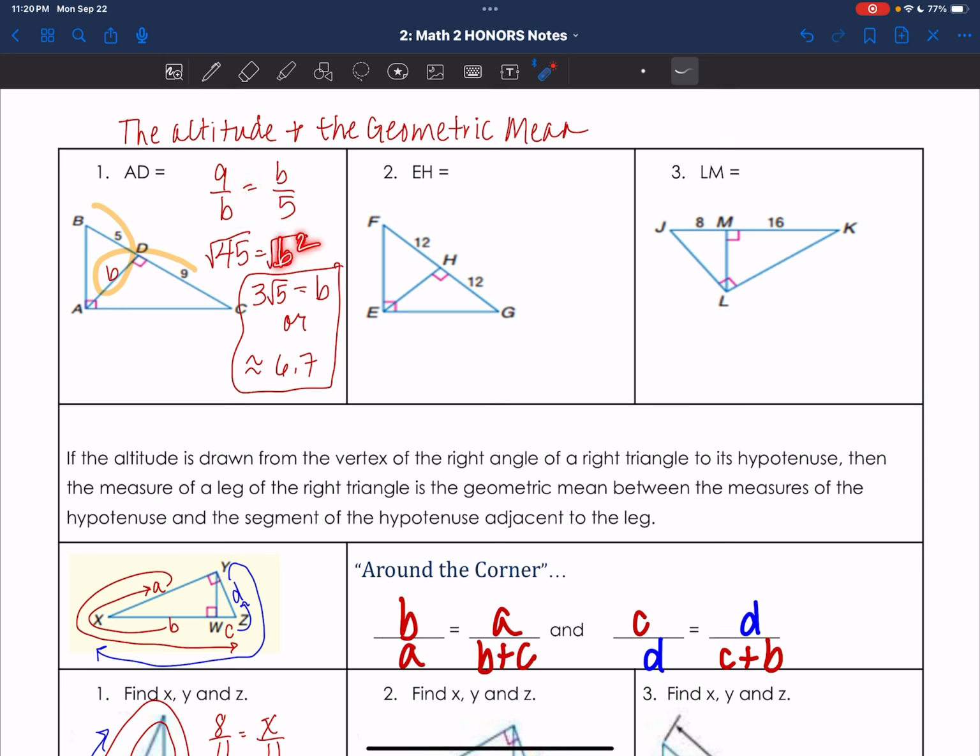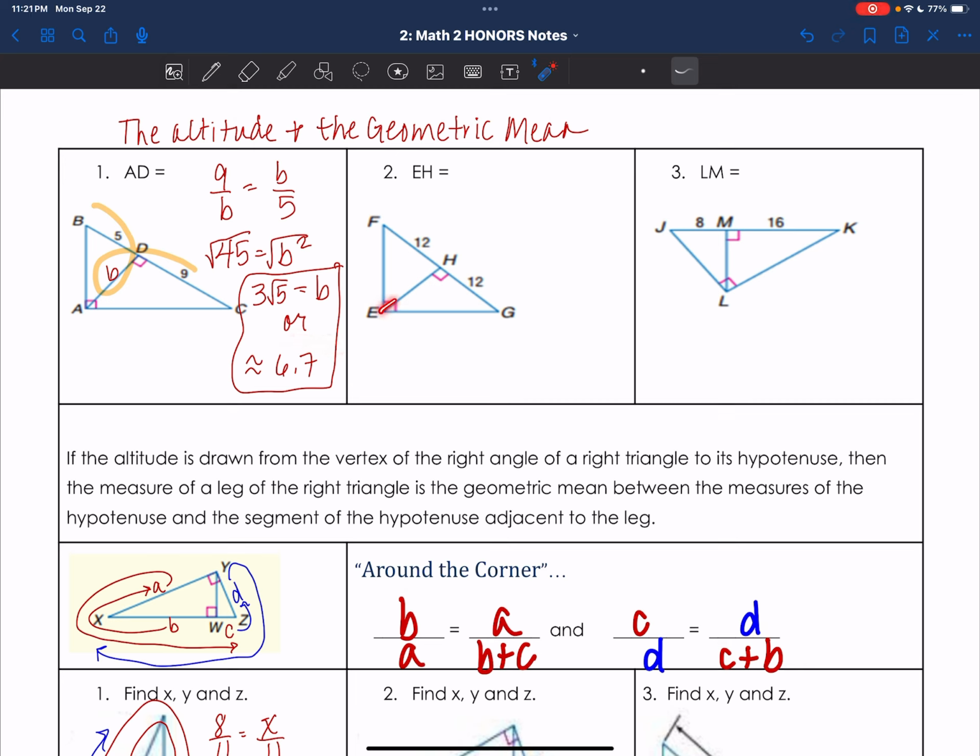So you get b squared equals 45. Then take the square root of both sides. So you get 3 times root 5, because this is 9 times 5, so that's where the 3 came from. Or if you were to enter it into your calculator, you get approximately 6.7.